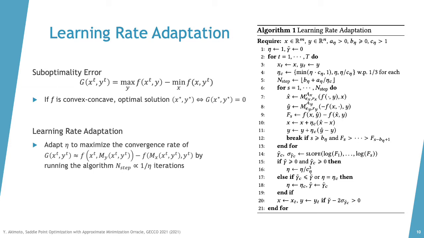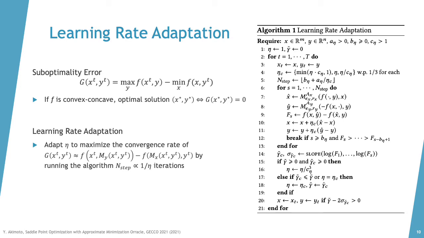It is known that if f is convex-concave, then the optimal solution of the original minimax optimization problem is the minimizer of the suboptimality error. Therefore, we'd like to minimize this error function as fast as possible. From this observation, we employ this error function as the indicator for the learning rate adaptation.